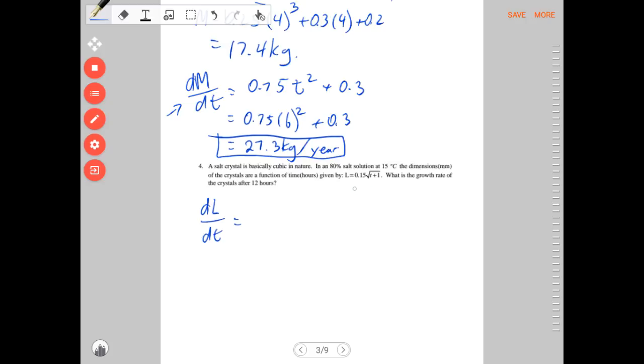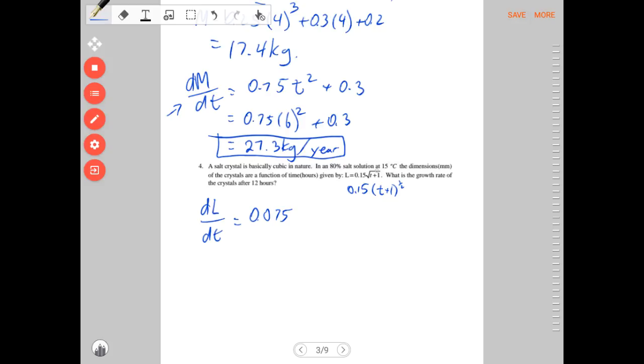Now that's got a square root, so we're just going to go back and rewrite this. Remember, a square root is just a 1/2 exponent. So we're going to write it like this because it's just better. So the half jumps down, so half times 0.15 is 0.075.